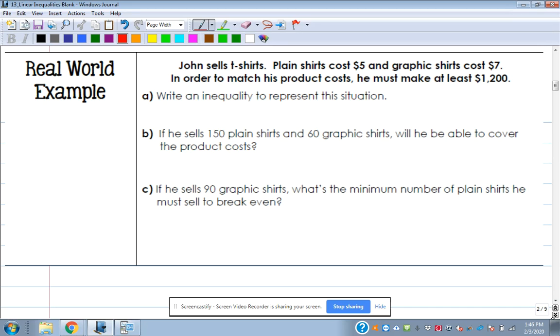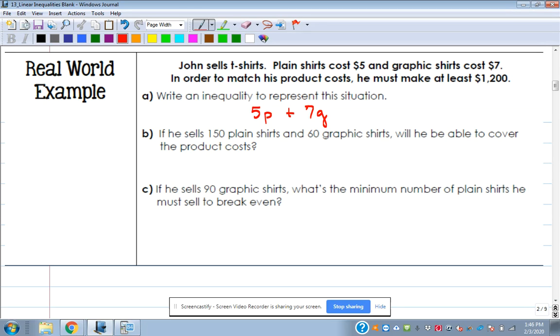Okay, so what we want to do is write an inequality to represent this situation. So I'm going to say 5p plus 7g. What does the p stand for? Plain shirts. g, graphic shirts.